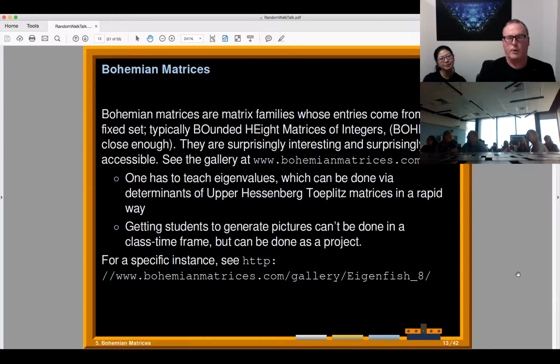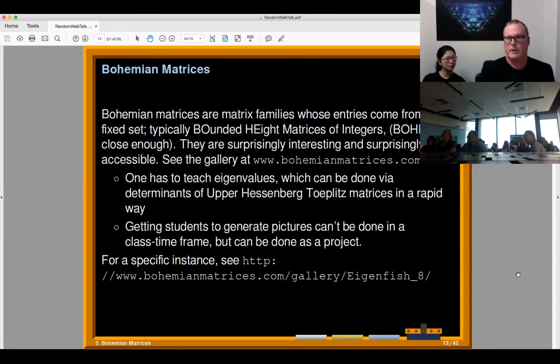So for Bohemian matrices, one of the later vignettes, they couldn't really generate the pictures in class time frame. It takes a little while for code to generate pictures like these. But in the course of a course project, that worked very well. And I had several students do some very interesting projects based on Bohemian matrices.